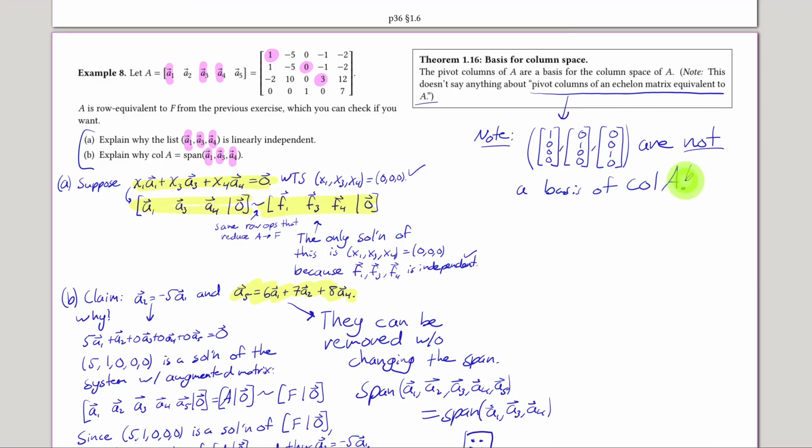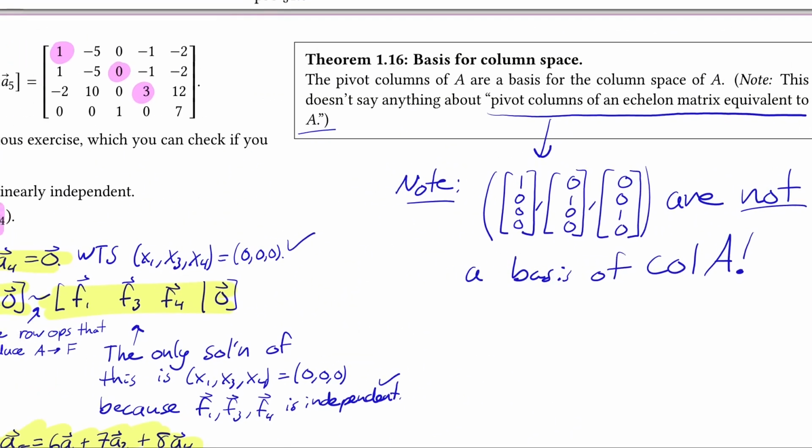Okay, why is that? If you think about the span of these three vectors, notice that they all have a 0 in the bottom row. But when you look at A, the column space of A includes multiples of this vector and this vector, which do not have a 0 in the bottom row.